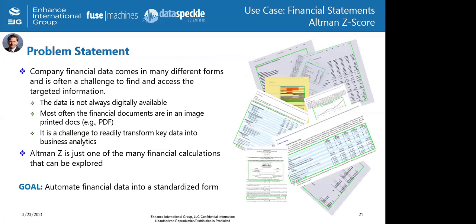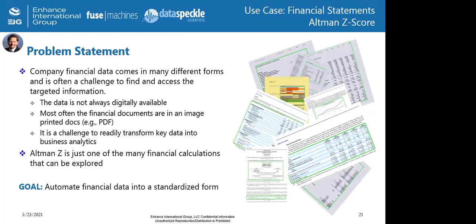the example that we have is the Altman Z-score. This is a very common financial indication of a company's ability to perform well, especially from a bankruptcy perspective. Altman Z is going to help you understand how well a company's operating.